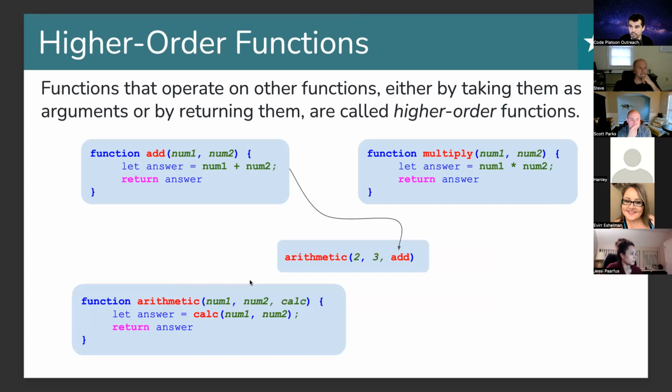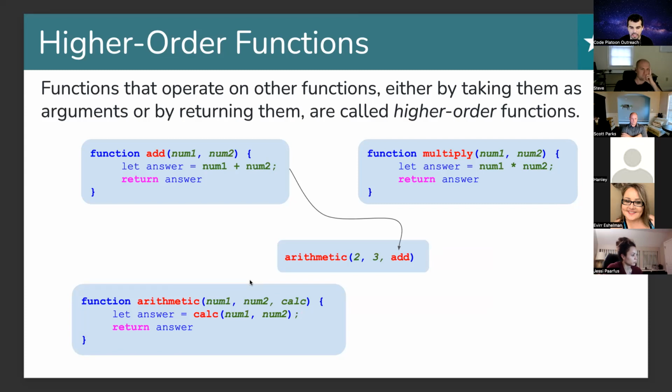So in the function arithmetic, we're going to pass in the number 2, the number 3, and the function add. So then when we look at our bottom left of the screen, arithmetic takes in num1, num2, and that calc is actually an add function. And then we're actually adding num1 and num2 in that bottom left arithmetic function.